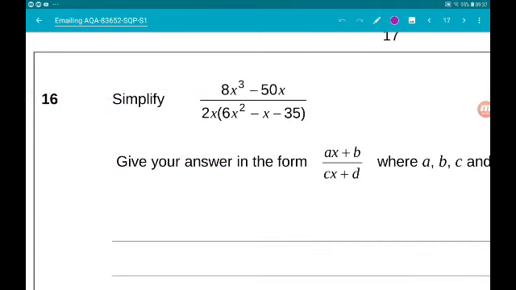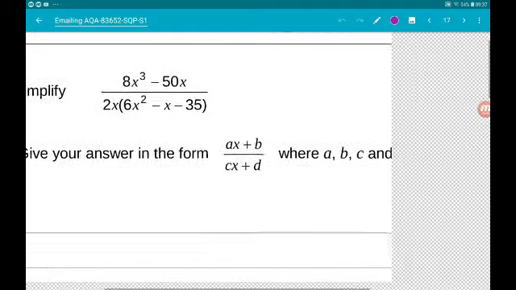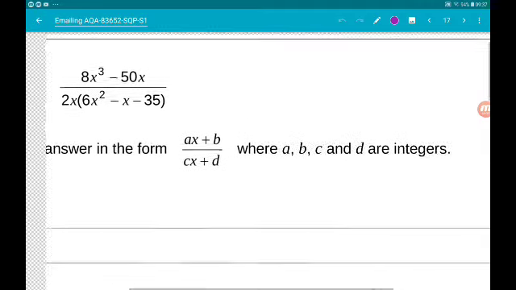Okay, question 16, algebraic fraction fun. So I'll put my stuff on this down below. We want to simplify 8x cubed minus 50x over 2x times 6x squared minus x minus 35, giving our answer in the form ax plus b over cx plus d, where a, b, c and d are integers.